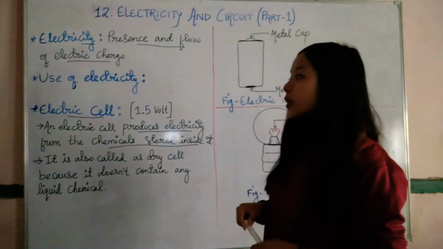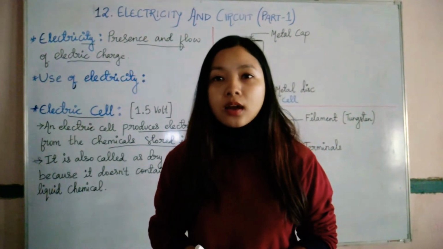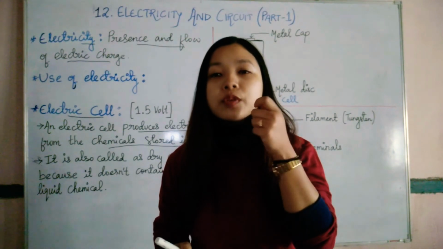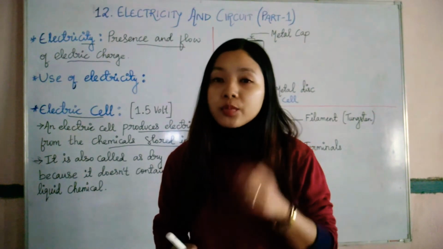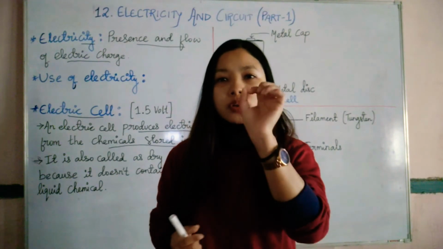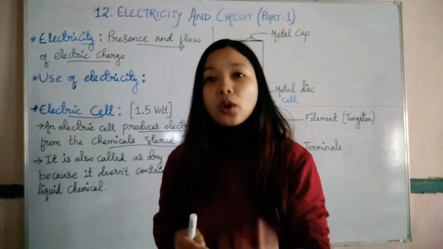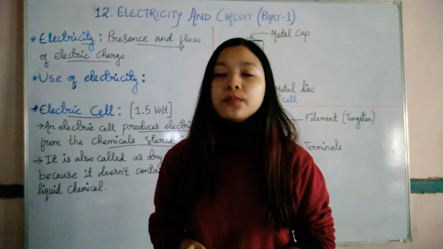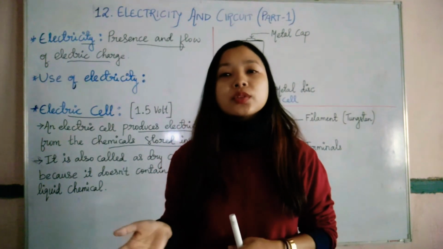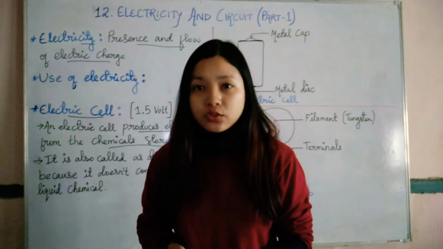The simplest examples of electric cells are the small cells we put in our remote controls. In the wristwatch also we have small tiny electric cells. Then in our clocks, alarm clocks especially, and radios, they run with the help of electric cells.